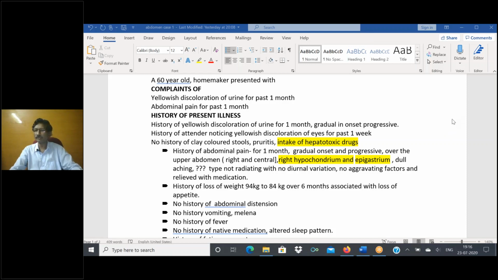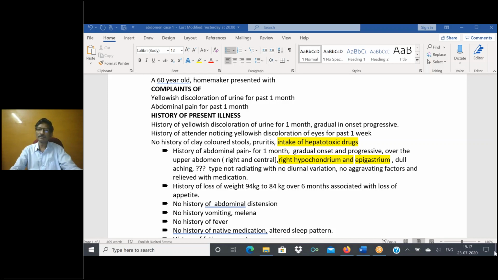I think Anand told, was it continuous or intermittent? Was it a persistent dull aching pain or an intermittent pain? Vignesh, if you remember, you can enter it.